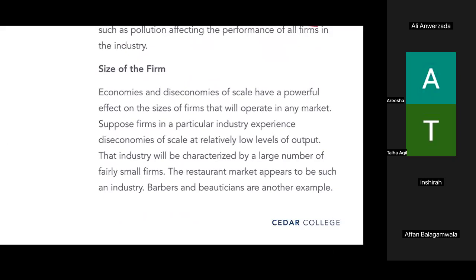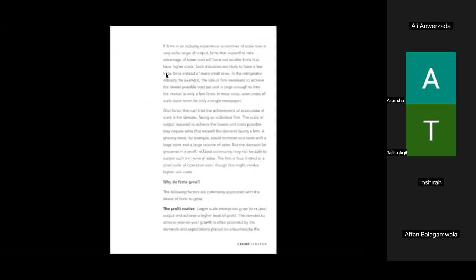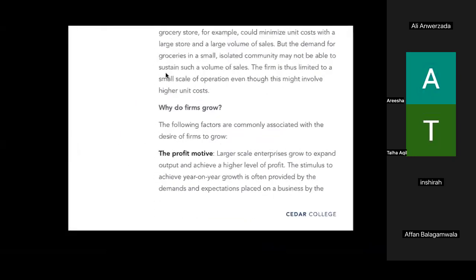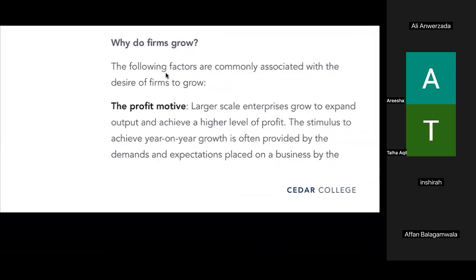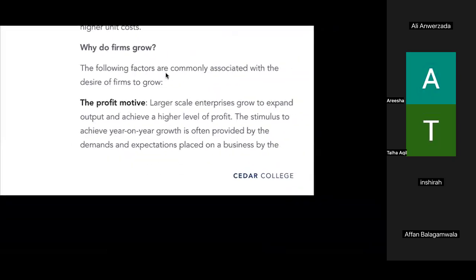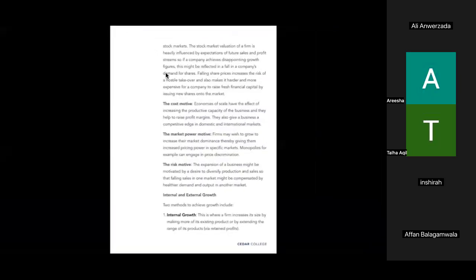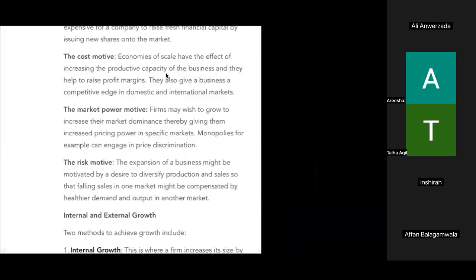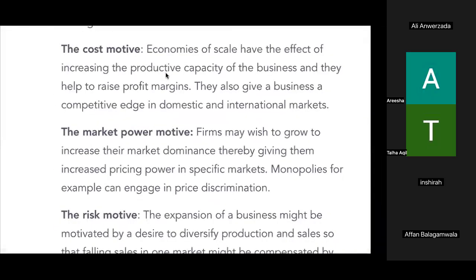Okay, now we move on to the size of the firm. So we say firms can stay small or grow. When they grow, they may grow for profit motive, to make more money. They may grow for cost motive, which is achieving economies of scale.